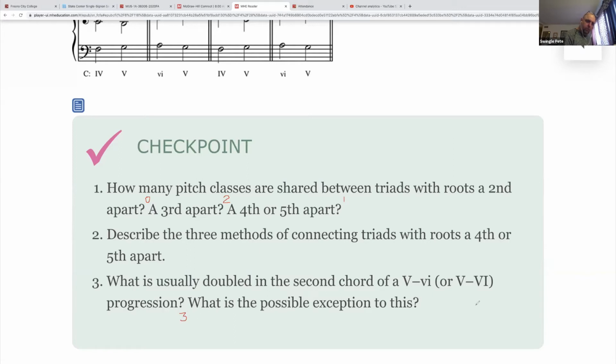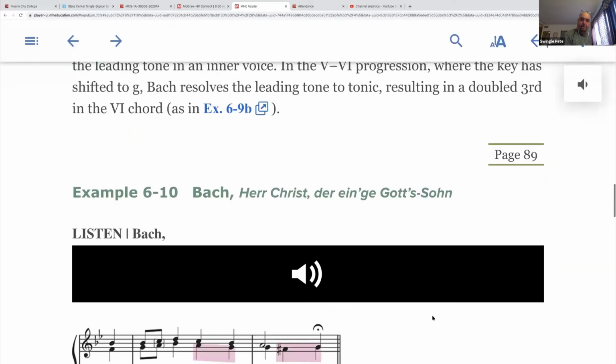If the root is doubled? Minor progression. Did we do this right? I'm confused now. Let's go back up here.